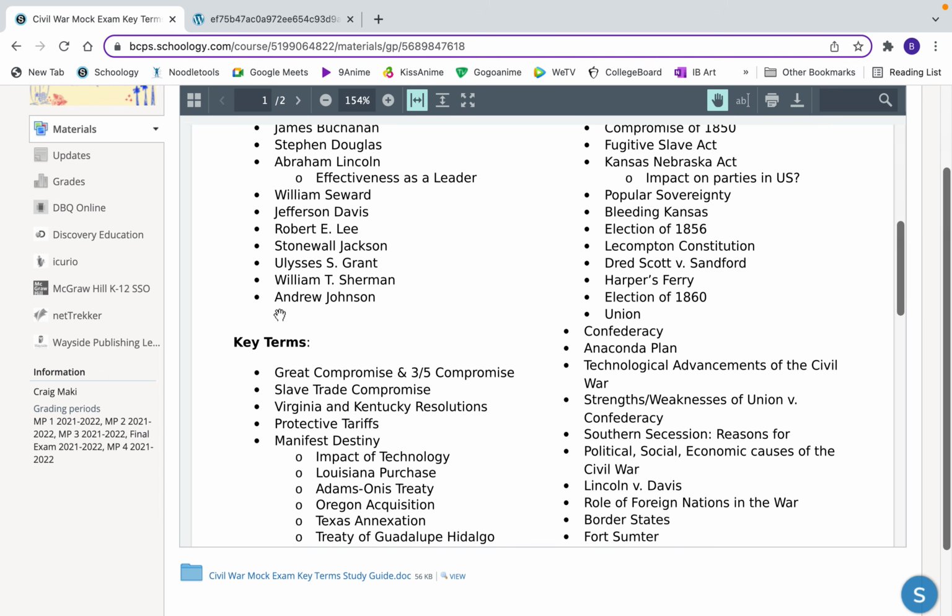So the election of 1856 and the Lecompton Constitution kind of come in together. James Buchanan wins the election. James Buchanan, he's a Democrat who at this point is the pro-slavery side, right?